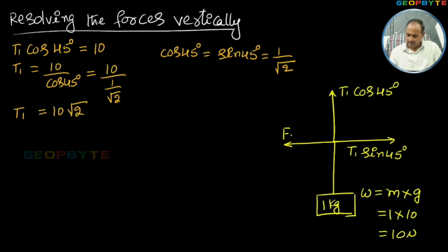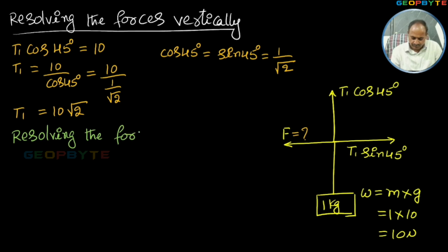That's the T1 value. But we want the horizontal force F. For that, let us resolve the forces horizontally. F is acting towards the left. It must be equal to T1 sin 45 degrees.